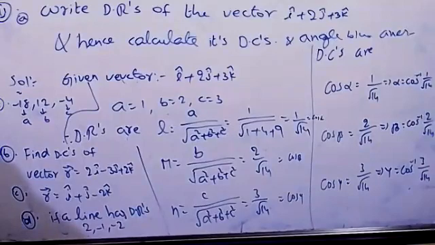Yes, correct. Next. So for E, L equal to minus 9 by 11. M is 6 by 11. Good. Minus 2 by 11. Yes, very good.